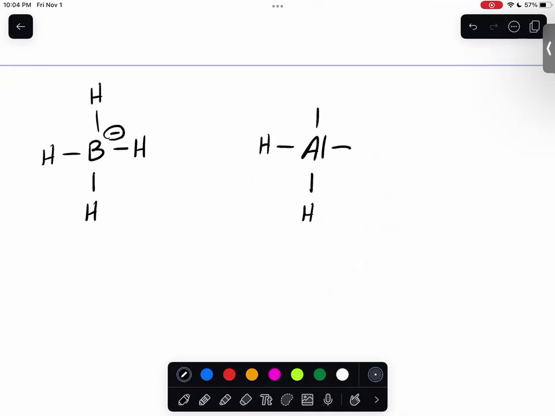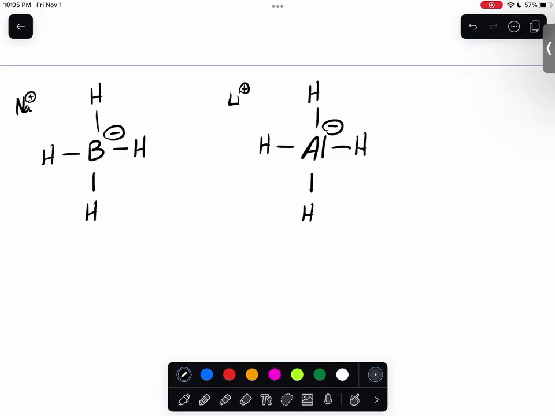Because looking at these, the difference is the aluminum versus the boron, since we also just have our sodium and our lithium off to the side. So what is different between the aluminum-hydrogen bond and the boron-hydrogen bond?